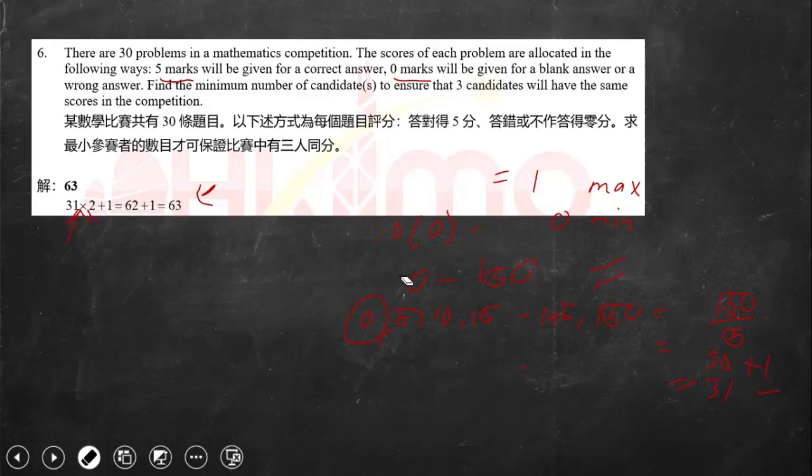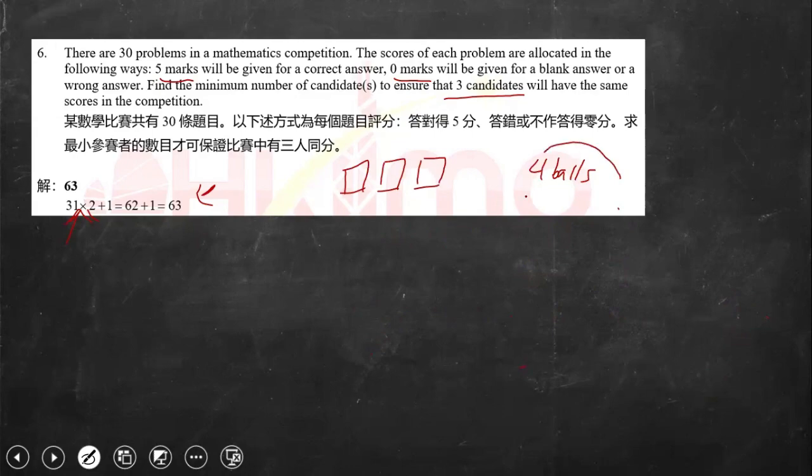And then, since we need to ensure that 3 candidates will have the same scores, we need to use the pigeonhole principle here. Let me explain. Let's say you have 3 boxes and I have 4 balls.